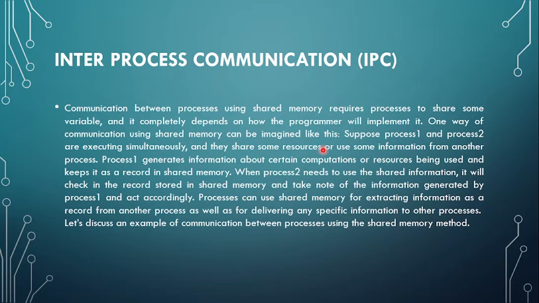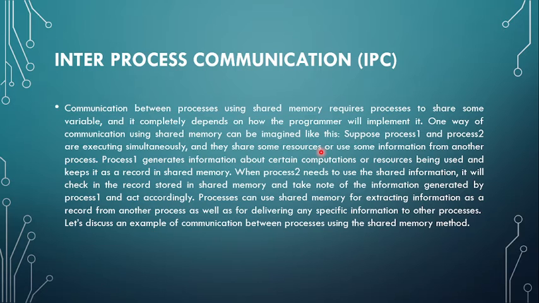Process A generates information about certain computation or resources being used and keeps it as a record in shared memory. When process B needs to use the shared information, it will check the record stored in the shared memory, take note of the information generated by process A and act accordingly.